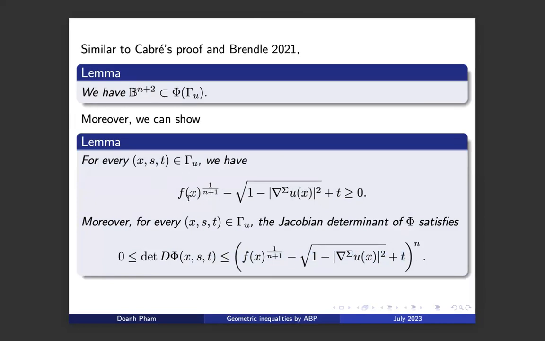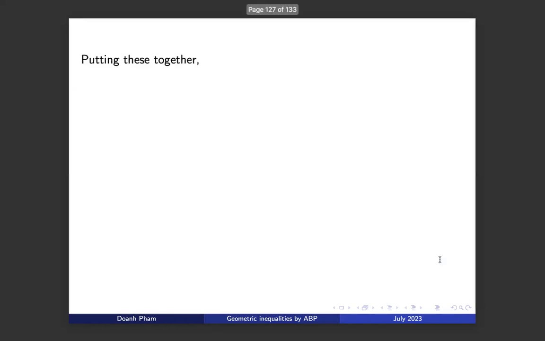And in gamma u, we also have a relation saying that f to the 1 over n plus 1, minus the square root of 1 minus gradient u squared, plus t, is non-negative. So if we put these things together and apply the area formula, we would reduce the theorem.